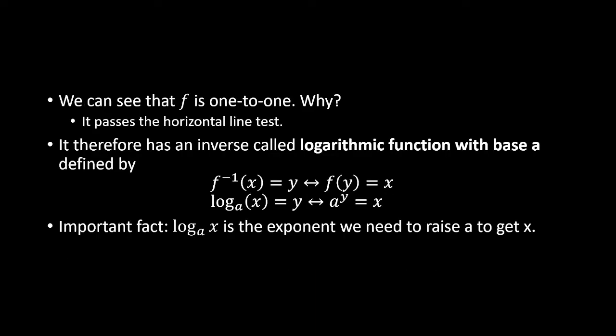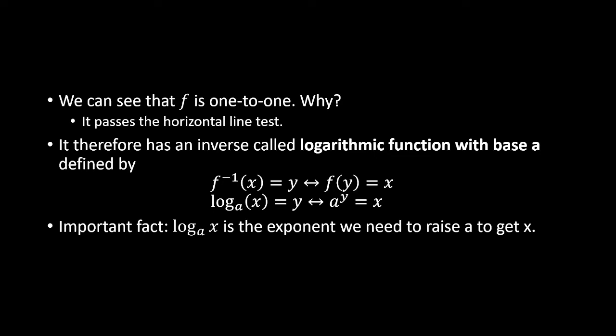Based on that graph, we get that f is 1 to 1. How do you know? Well, it passes the horizontal line test. Since it's 1 to 1, it also has an inverse function. Since that function we just looked at is an exponential function, the inverse function is called the logarithmic function with base a.